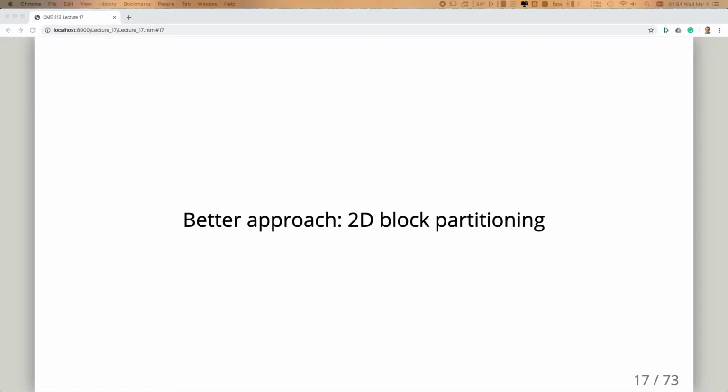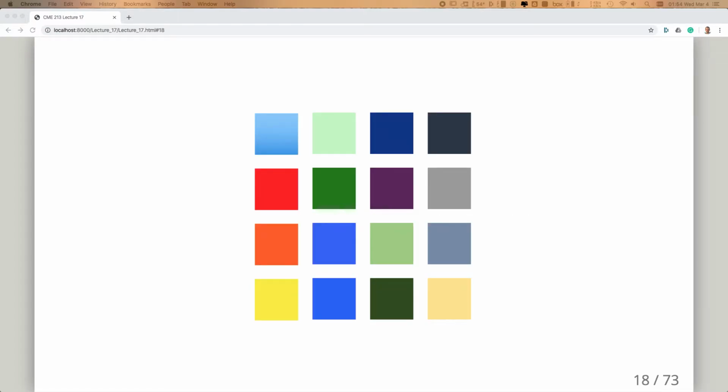So generally speaking, at the very high level, we had a matrix. We decided to do either this row partitioning or this column partitioning, but it seems more natural that we should subdivide the matrix into blocks and assign a given block to a given process.